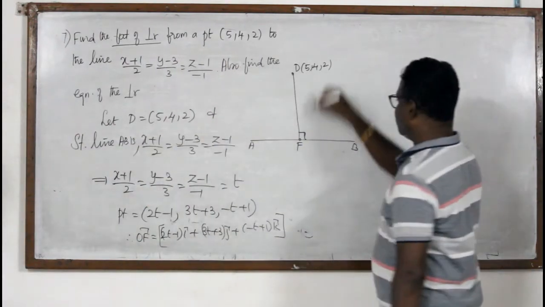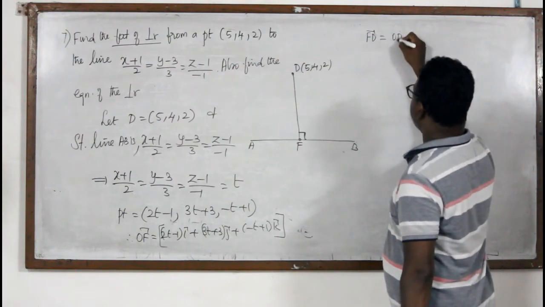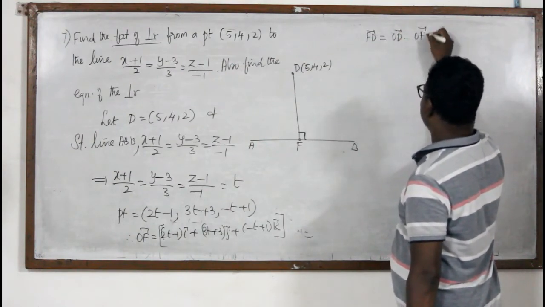Therefore, we shall find the FD vector. FD vector means OD vector minus OF vector.